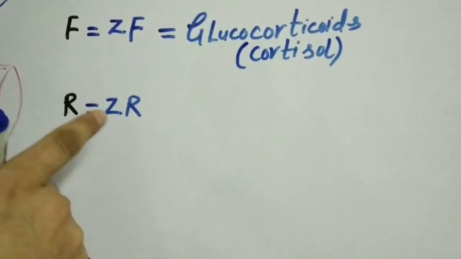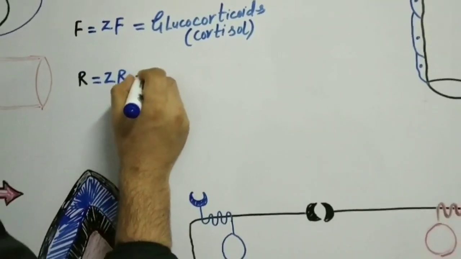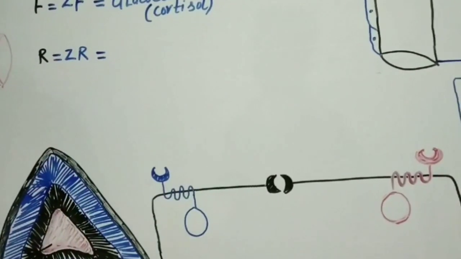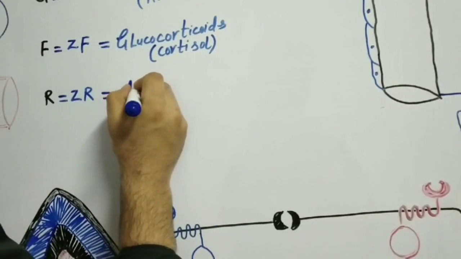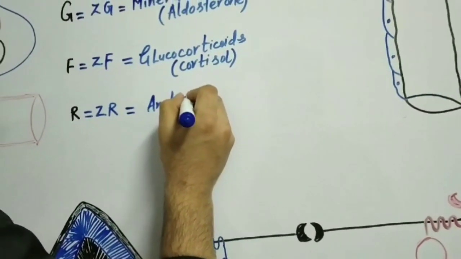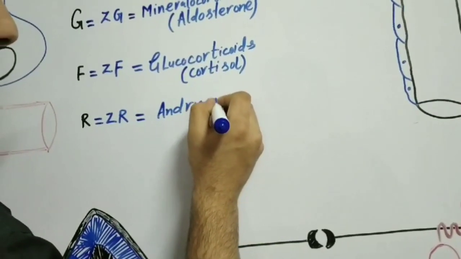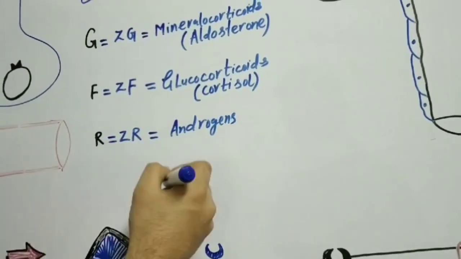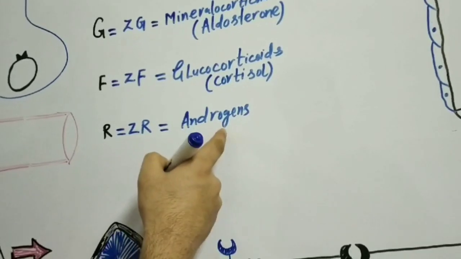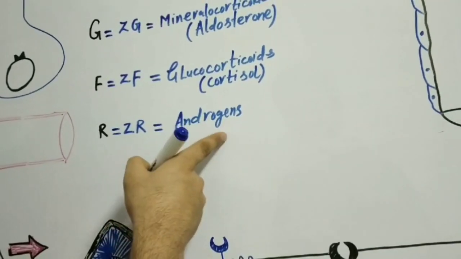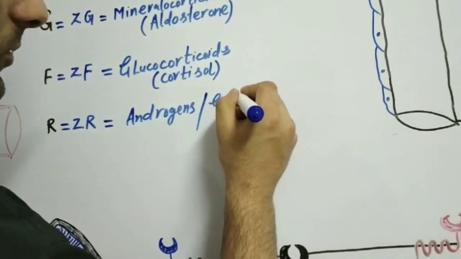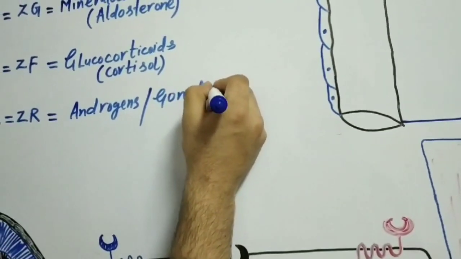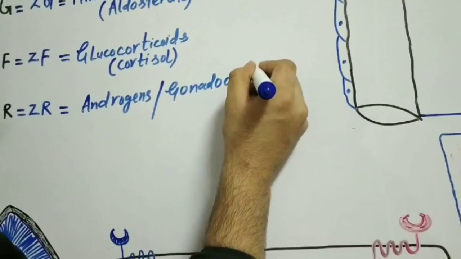Also, the zona reticularis secretes hormones which are androgens, or we can also call them gonadocorticoids.